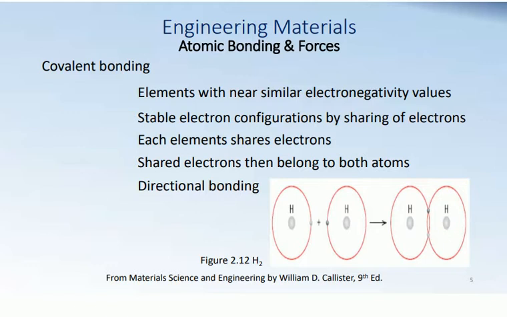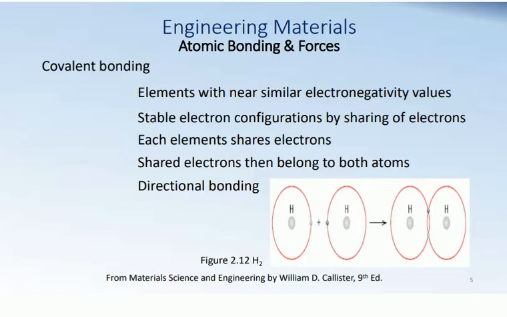In the case of divalent hydrogen, or H2, this figure shows covalent bonding in molecules of hydrogen, H2. As you can see in the figure, bonding exists emphatically, that is more strongly, along the direction of shared electrons.